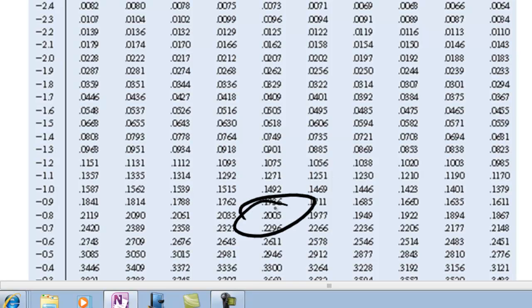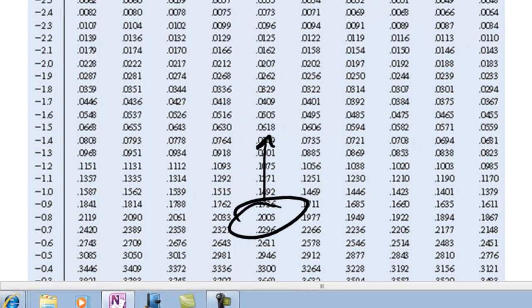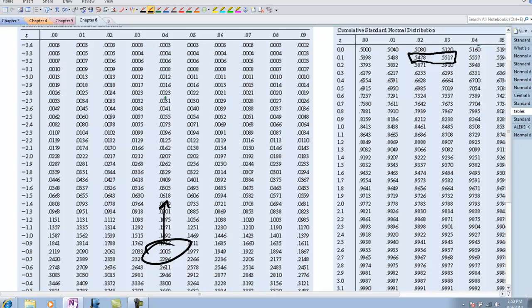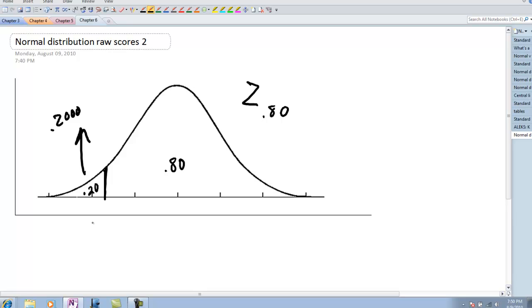So 0.2005 ends in that, and it's negative 0.84. If you look across, negative 0.8, and this column is 0.04. So that's my answer, and I'm sticking to it. So let me just write that here. Where's my pen? So I say that this is at negative 0.84.